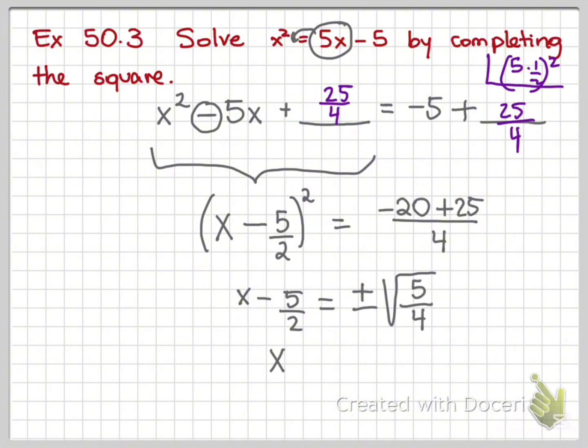Now that -5/2 is subtracting, so we're going to pass it to add, and then plus or minus. In this case, we're only going to have the square root of 5, and then on the bottom, we can actually simplify that. The square root of 4 is 2, and that's our answer.